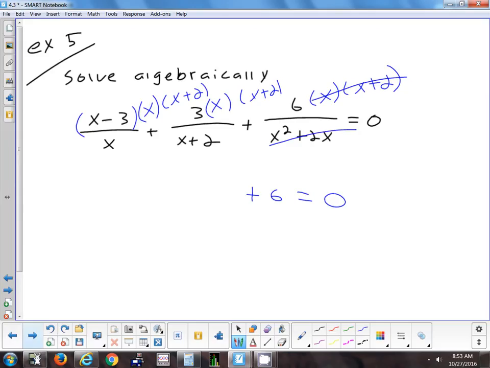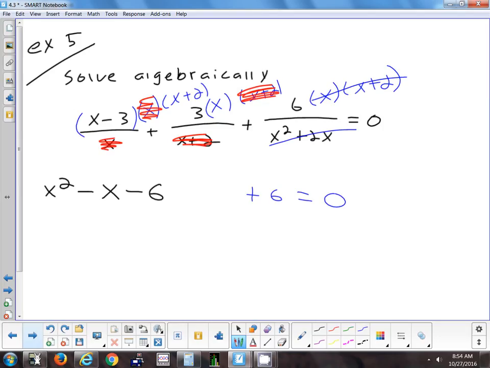What's going to cancel in the first parentheses? The x's are gone. What's going to cancel in the second? The x plus 2's. Now we have to do FOIL here: x minus 3 times x plus 2. So x times x, x squared. x times 2, minus 3x, negative 1x. And negative 3 times 2, negative 6.